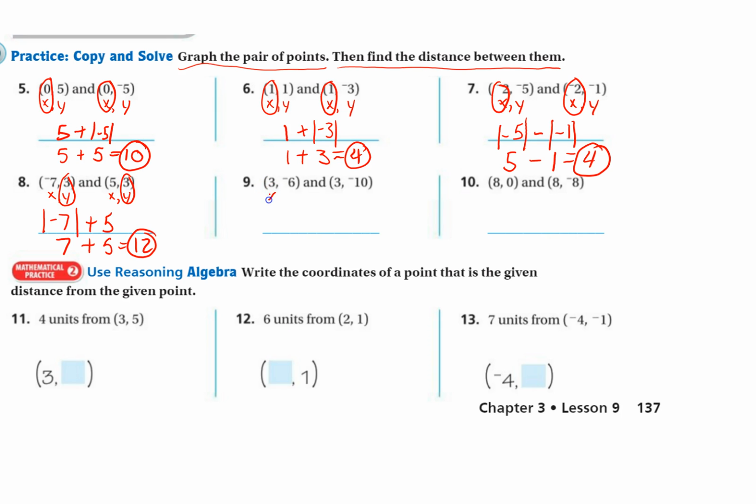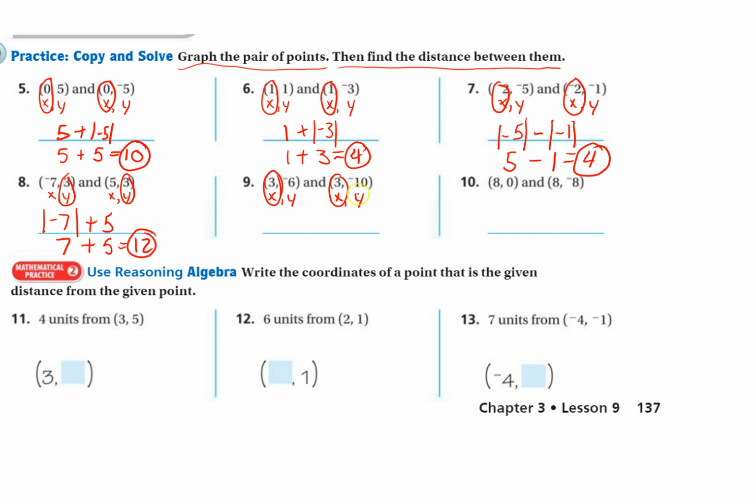Okay, number 9, we have x and y, x and y. Here our x values are the same, so we look at the y values. Okay, negative 6 and negative 10. Since they are both negative, we have to subtract again. Remember, when they have the same sign, we subtract. When they have different signs, we add.